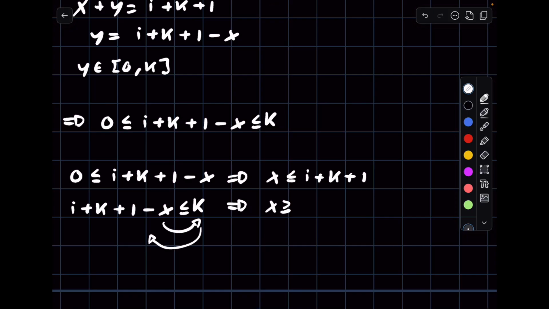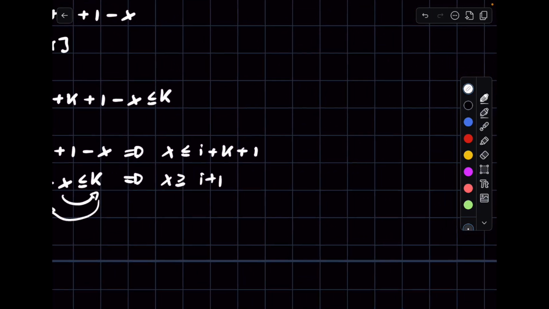So x is greater than I plus 1, I reckon. Let me check so I know I am correct. Yeah, I plus 1.